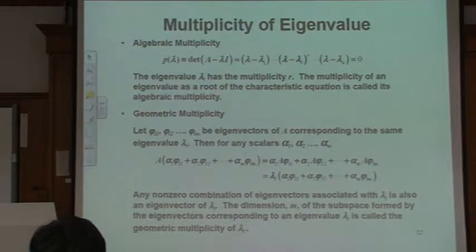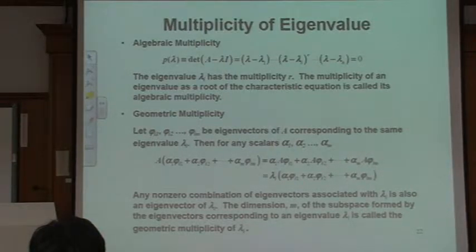The second one is a little bit different because if we have a repeated eigenvalue here, we can probably get many different eigenvectors all corresponding to the same eigenvalue.